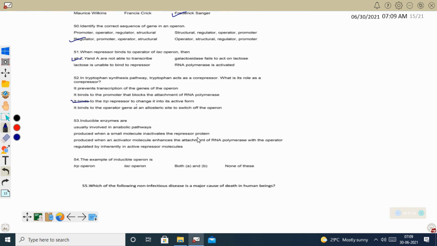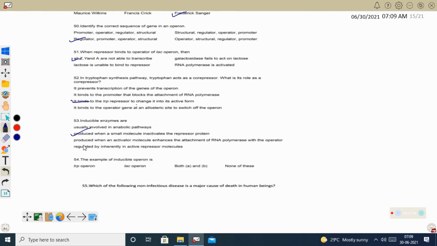When the repressor protein gets inactivated and removed from the operator region, inducible enzymes like ZYA are produced. Okay, so here the correct option is 2 or B. That small molecule is nothing but the lactose molecule. It will inactivate the repressor protein.